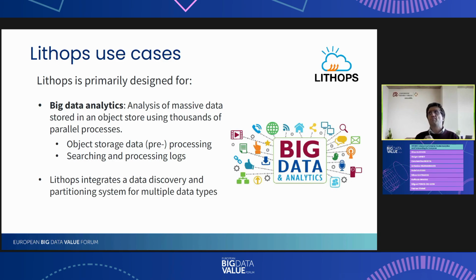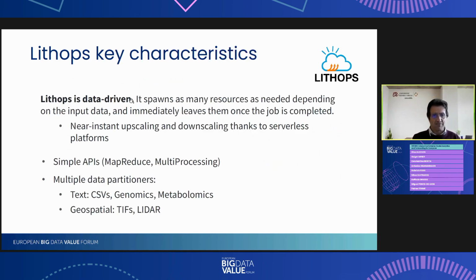Lithops marries cloud object storage with cloud functions, so you have this serverless supercomputing that benefits a lot from big data stored in the object store. And Lithops is integrating data discovery and partitioning in a transparent way. This is very important: it is data-driven. We spawn resources as needed depending on the data volume.